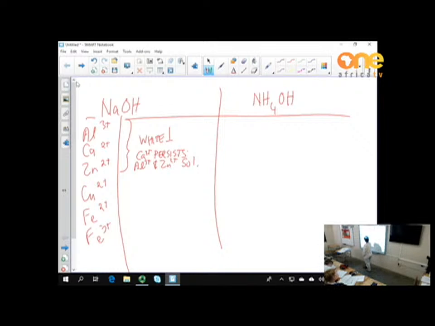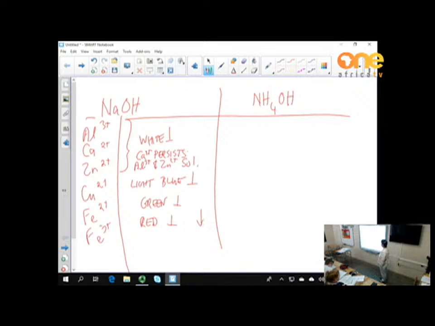We said copper gives a light blue precipitate. Iron 2, we said, gives a green precipitate, and iron 3 gives us a red precipitate, or in brackets solid. Sometimes they use it like that.